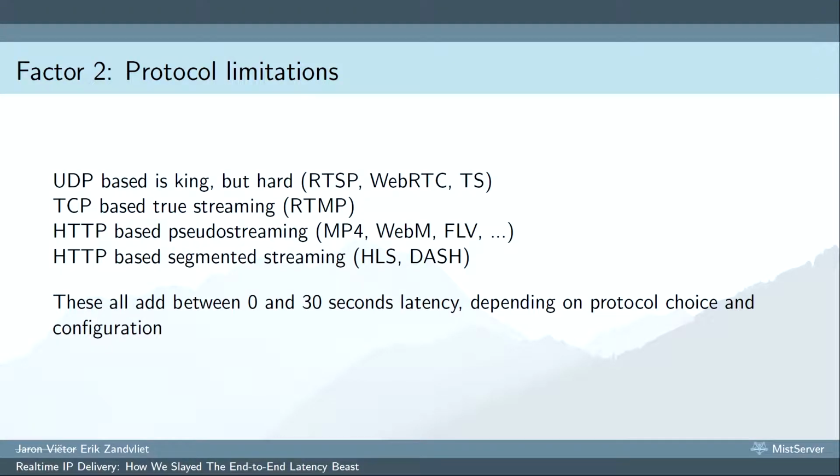We have protocols, so we can stream to various devices over various methods, and all of them have some benefits and some drawbacks. For example, UDP is really fast. It's the way to go if you want low latency, but you get packet loss. You get hampering connections whenever something is only a little bit wrong with the connection.